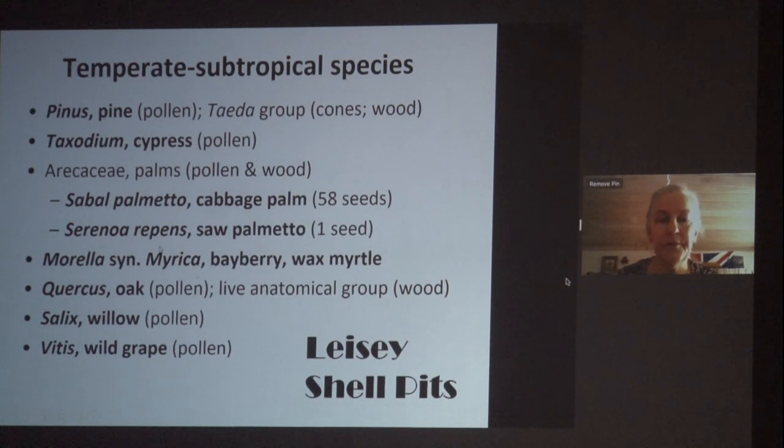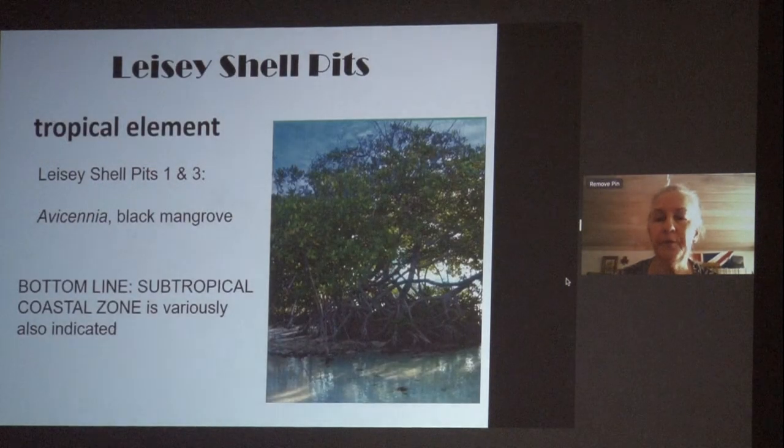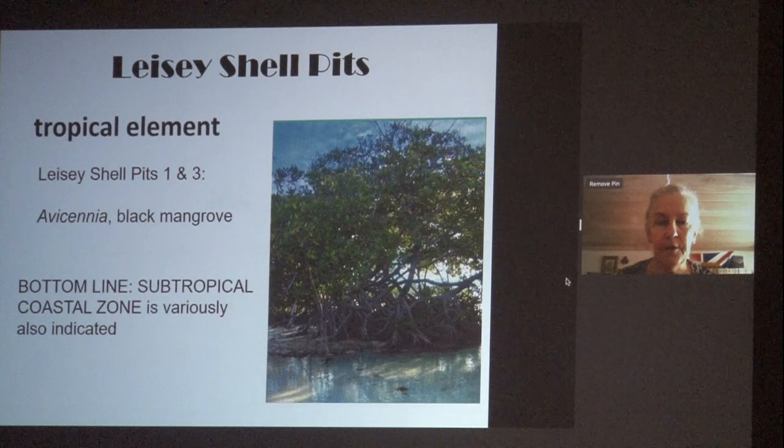So it's sounding very familiar and kind of reflecting back to some of that Alum Bluff earlier assemblage from the Miocene. And we also identified mangroves, black mangroves, initially from root casts, but ultimately from wood as well. So the bottom line is we're seeing some subtropical, coastal zone vegetation in place at this point in time.